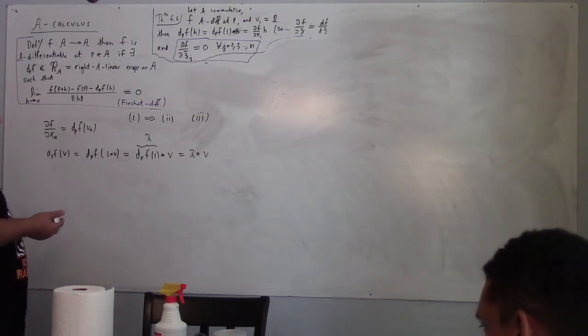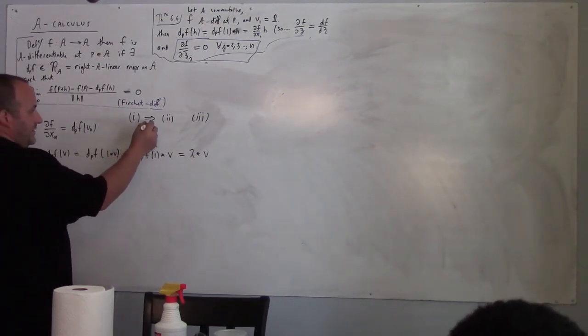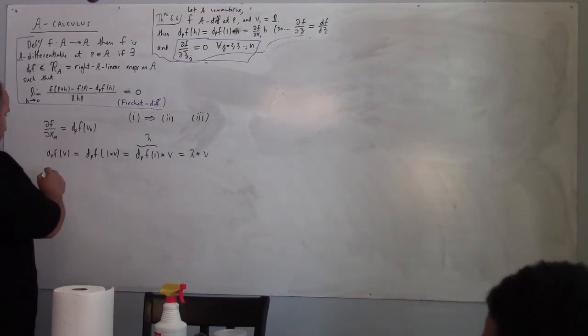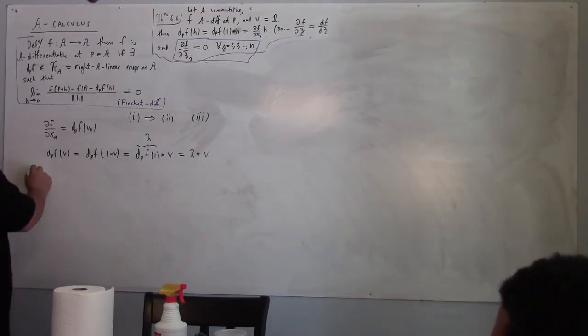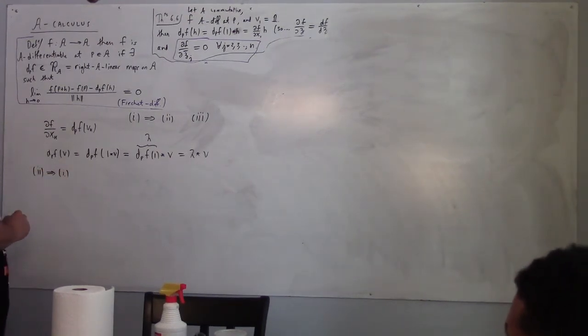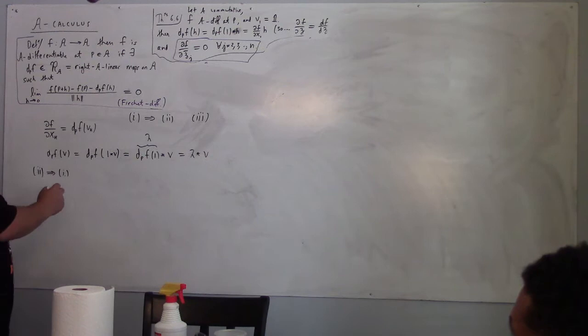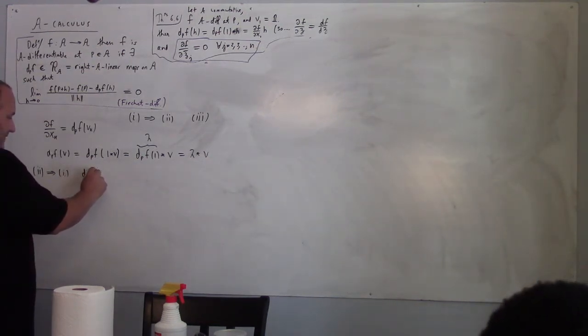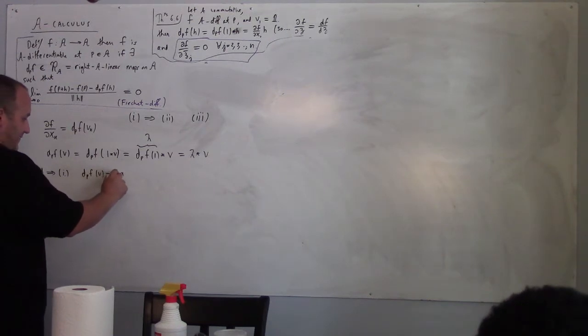So that's 1 implies 2. 2 implies 1 we talked about before, right? Well, yeah, because you can't do it if it's not differentiable, right? It'd be if and only if. Well, 2 implies 1. dpfv is equal to lambda times v, right?